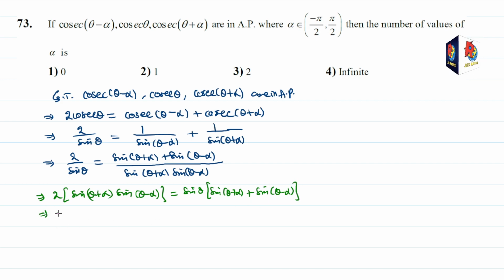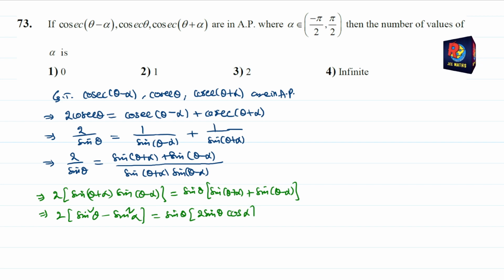Now it is in the form of 2 into sin of A plus B into sin of A minus B, which is sin square A minus sin square B, equals sin theta into sin of A plus B plus sin of A minus B. So it is 2 sin theta cos alpha.